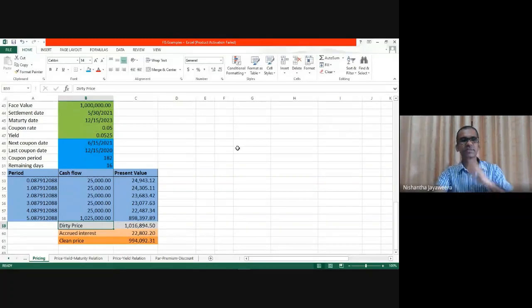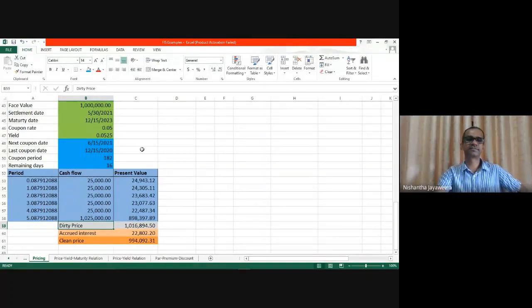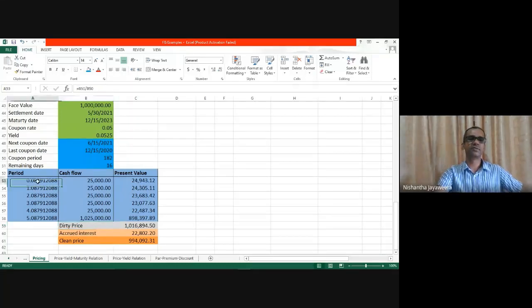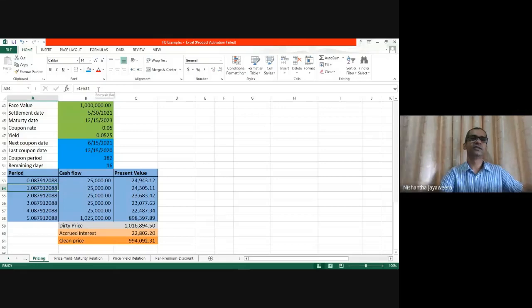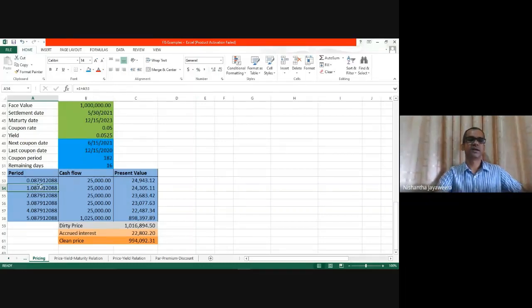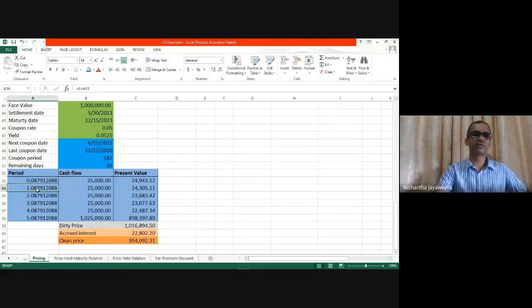But the key here in this example, since it's pricing in between coupons, is the time periods. So what is the first time period? It is the fraction 16 over 182. Then you add 1 to get the next one. So you keep adding 1 to the previous one. How did I get this?